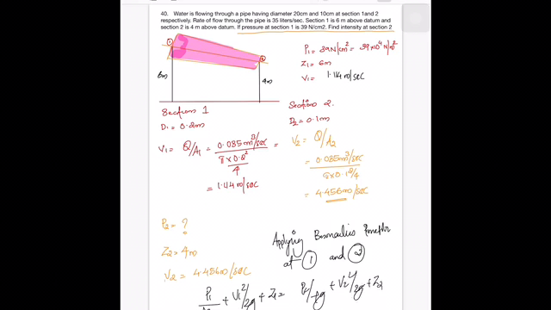And solving, we will get P2 is equal to 40.27 Newton per centimeter square.